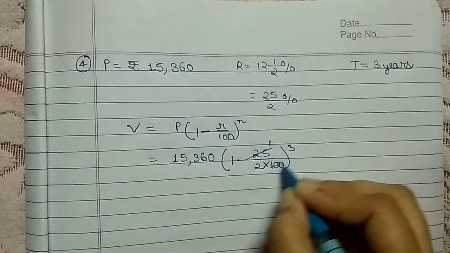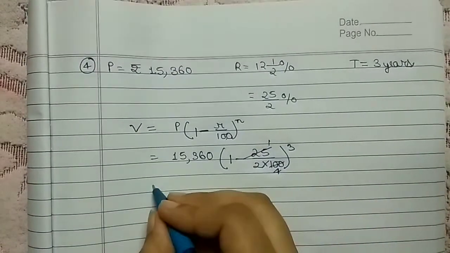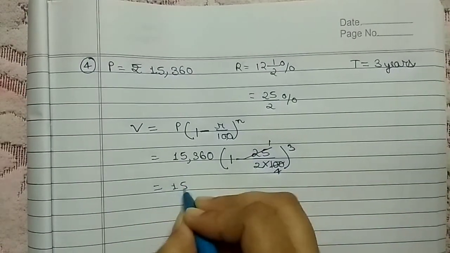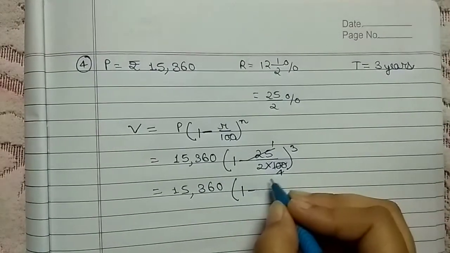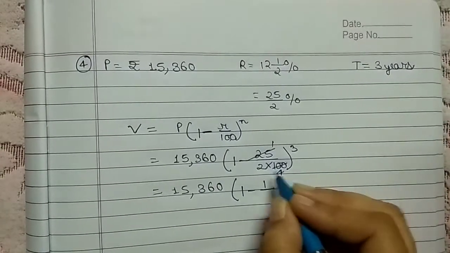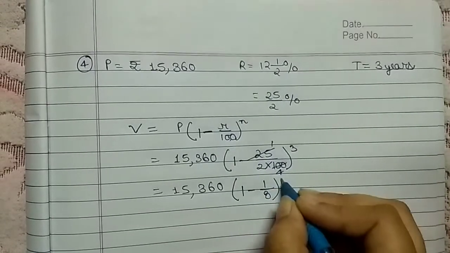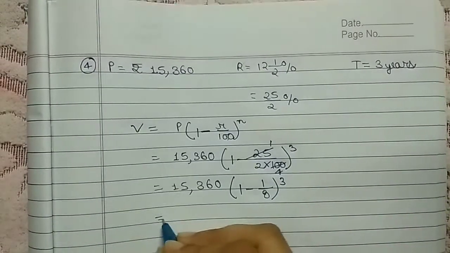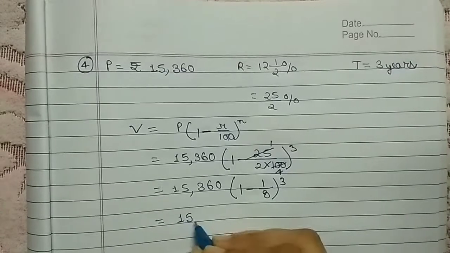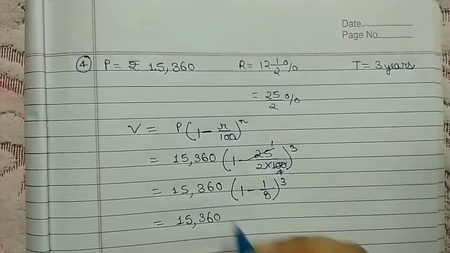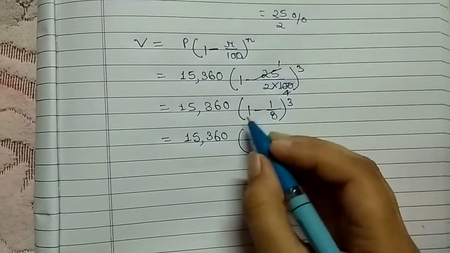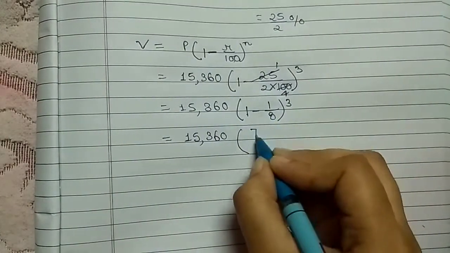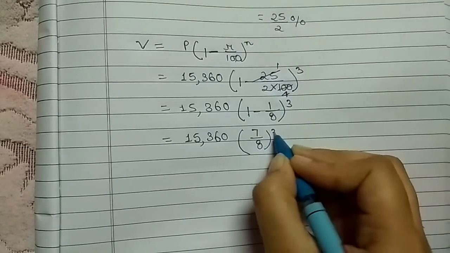25 ones are 25, 25 fours are 100. Equal to 15,360 into (1 minus 1/4 twos are 8) cube. Equal to 15,360 into (8 ones are 8 minus 1, 7/8) cube.